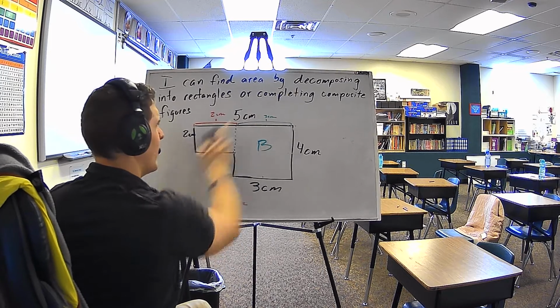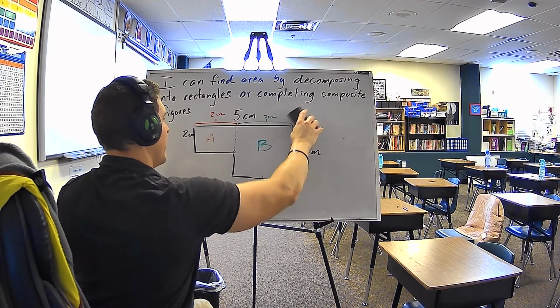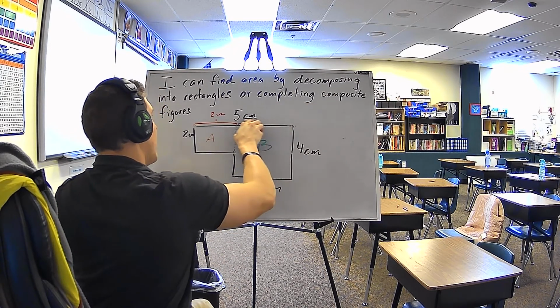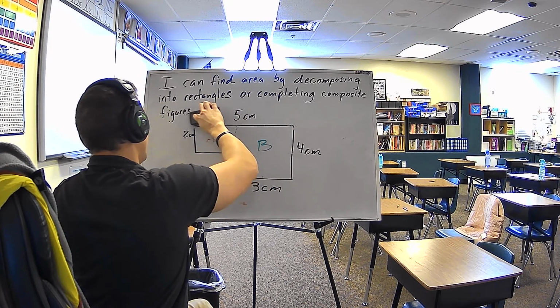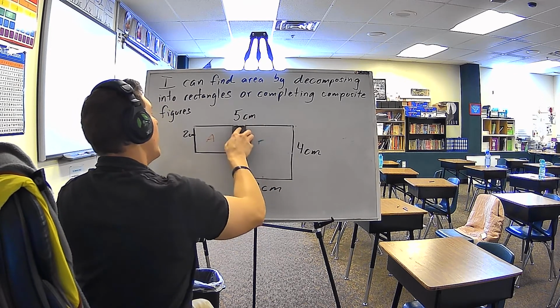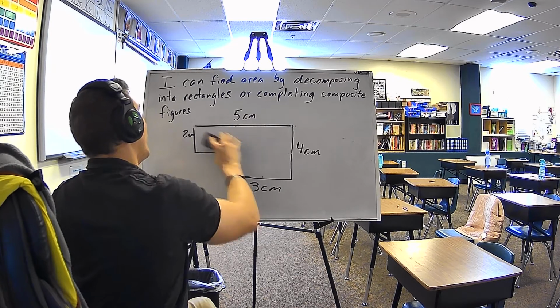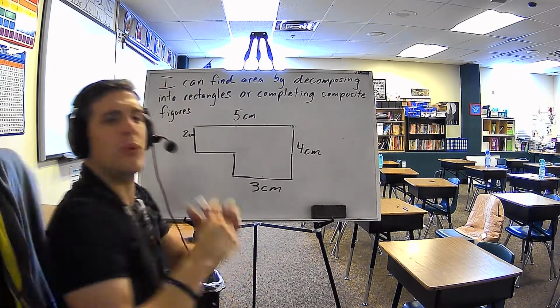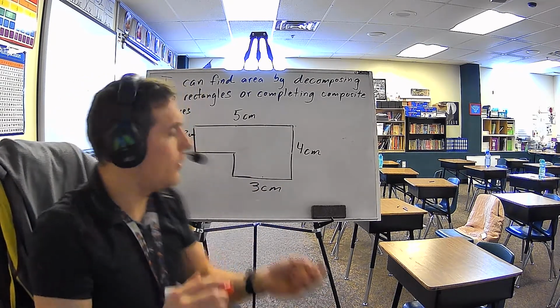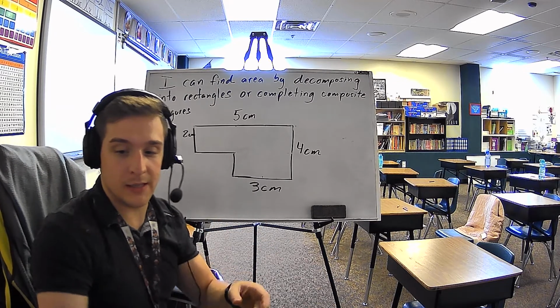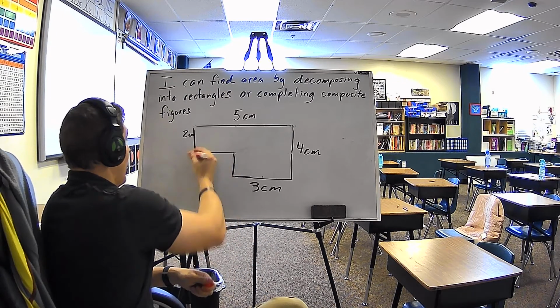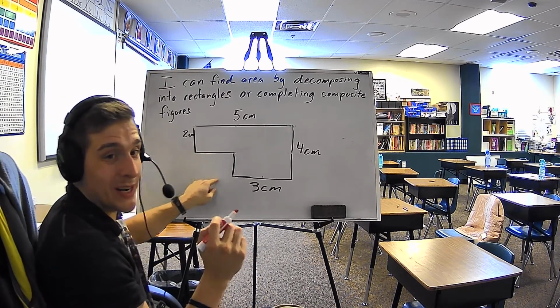Now, the next question is, what is completing composite figures? A composite figure is basically creating something that isn't quite there yet. It's kind of pretending things are there. What I mean by this is we're going to pretend that this piece right here exists.